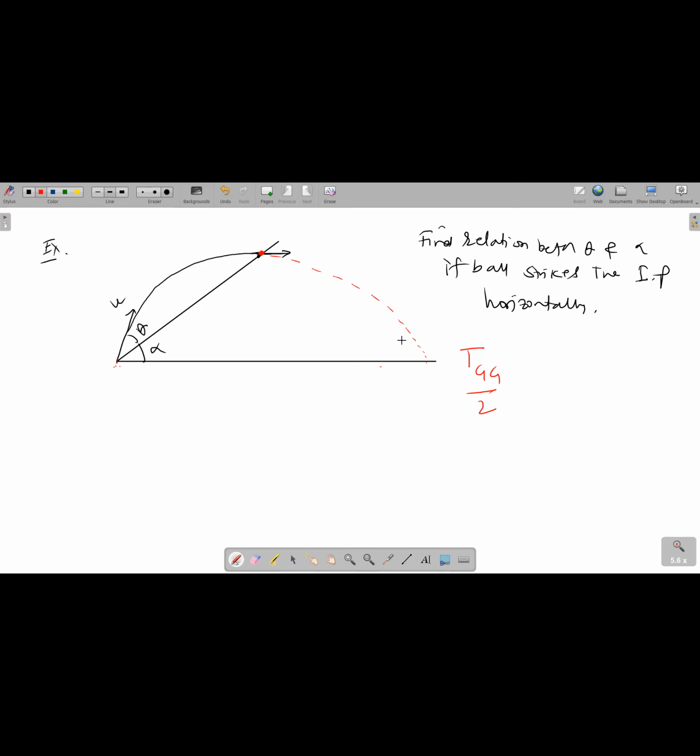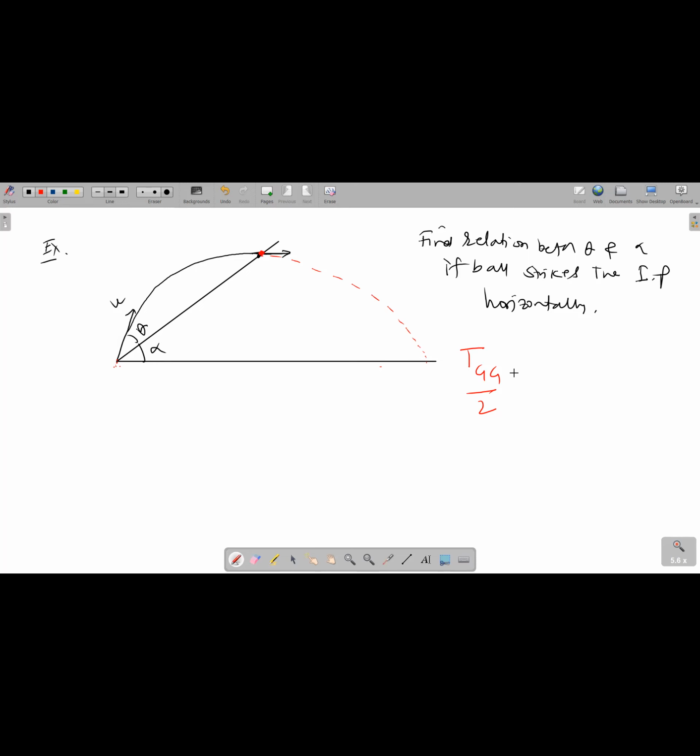In ground to ground projectile motion, at what point does the ball have velocity only in the horizontal direction? At maximum height, there is no velocity along the y-axis, only the velocity along the x-axis. So this should be the maximum point for ground to ground projectile motion.